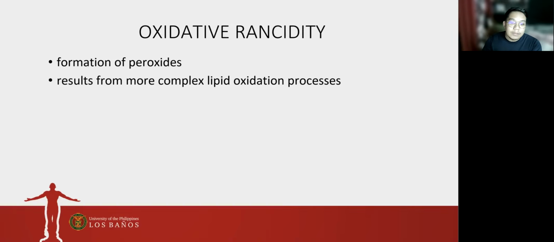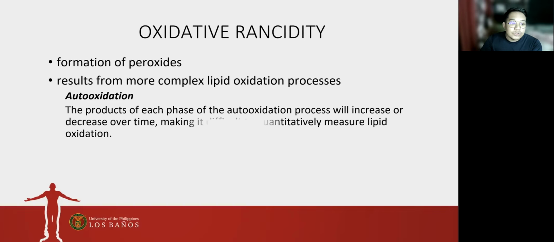So these lipid oxidation processes are collectively termed as auto-oxidation. So this auto-oxidation, the products of each phase of the auto-oxidation process will increase or decrease over time, making it difficult to quantitatively measure lipid oxidation.